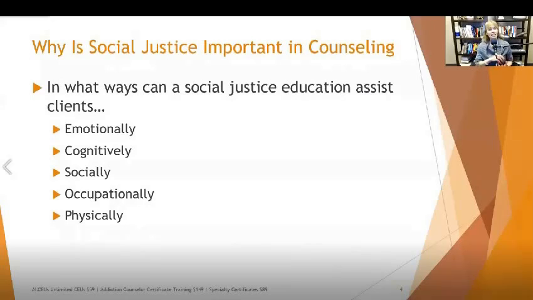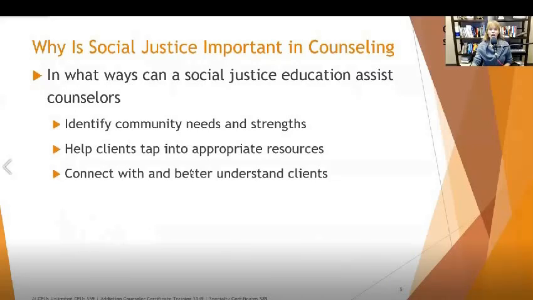So there are a lot of things that make them unique, and that will affect how they interact with everybody else. So, in terms of assisting us, how can knowing about all of these identities and their interaction with one another, within the person and between people, help us identify community needs and strengths?